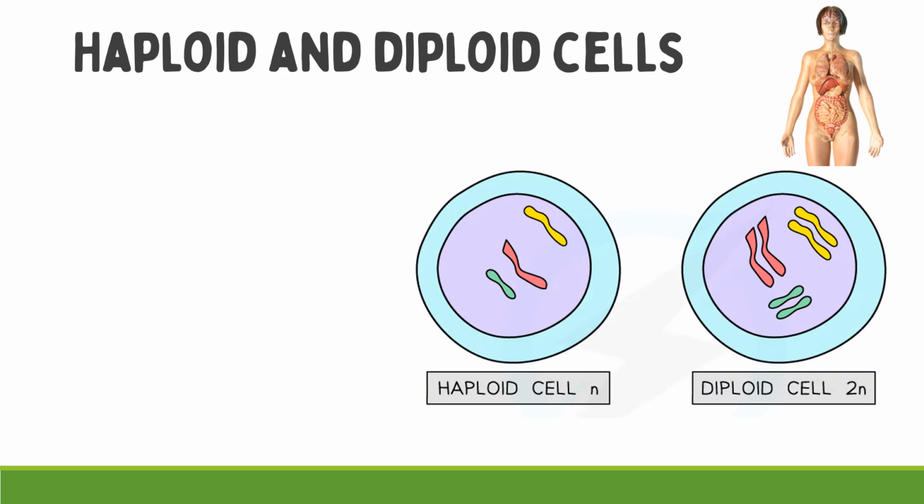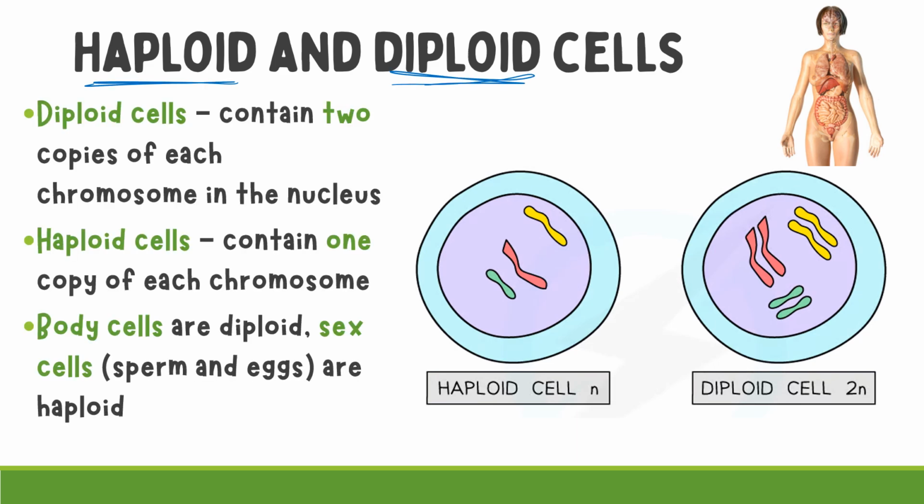Okay. Now that we've learned about chromosomes, there are 2 different types of cells that can make up your body and every organism's body. They're called haploid and diploid. So they're words to describe a cell. We can see here, this diploid cell on the right has 2 copies of each of its chromosomes.